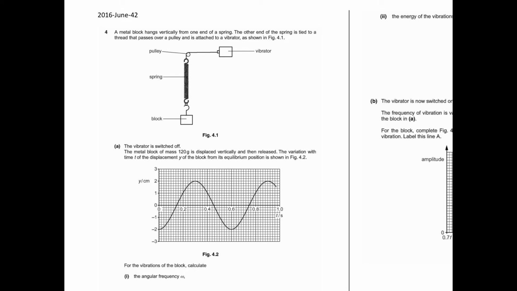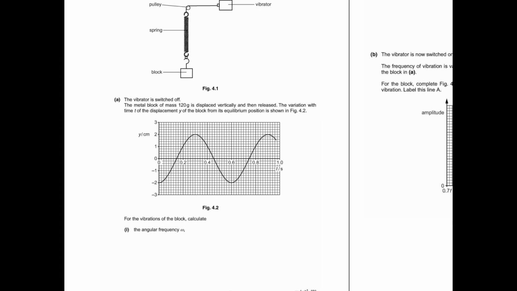So from the graph, we understand that it starts from -2, so meaning that this is the equilibrium position, so you have to pull it down by 2 cm, then you release your hand, then it oscillates upwards, downwards, upwards, and so on. Okay, so let's look at the next part.